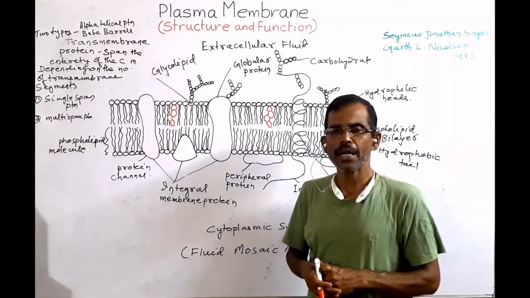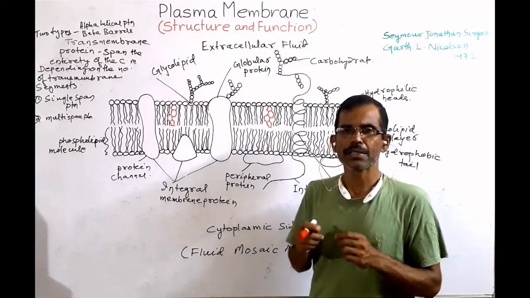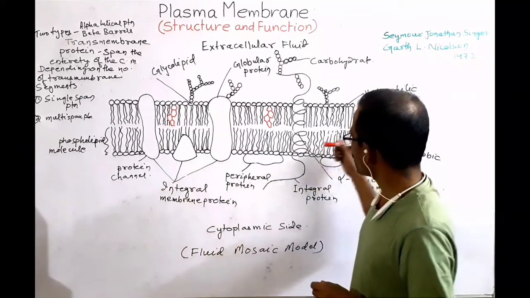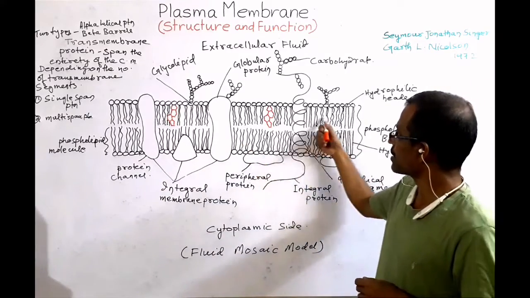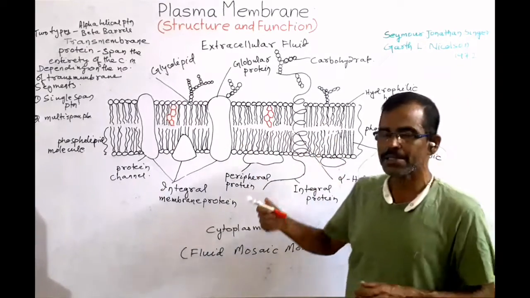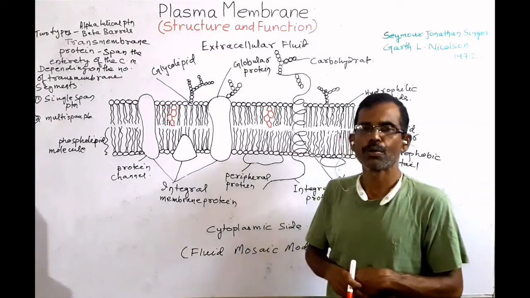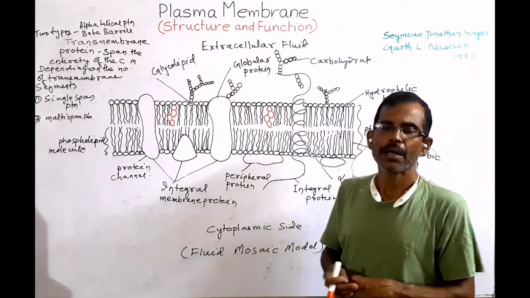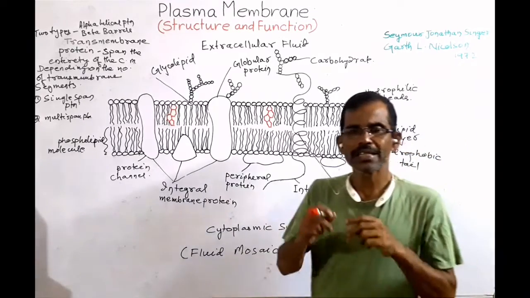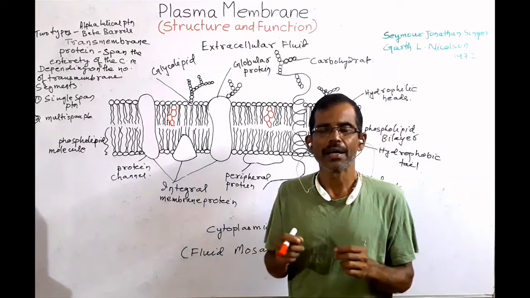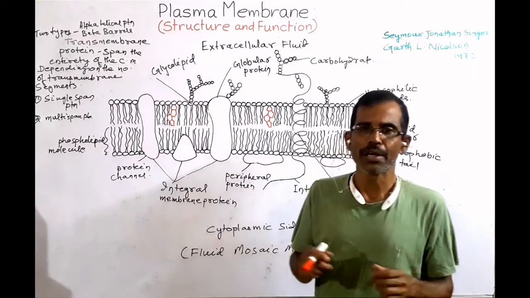The fluidity and the elasticity of the cell membrane is due to the presence of a lipid bilayer. This lipid bilayer is the structural backbone of the cell membrane and also other biological membranes. So the cell membrane is a two-dimensional fluid.